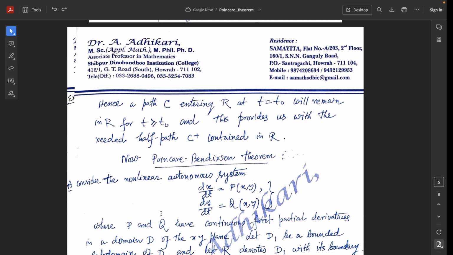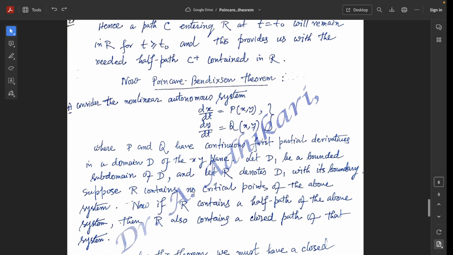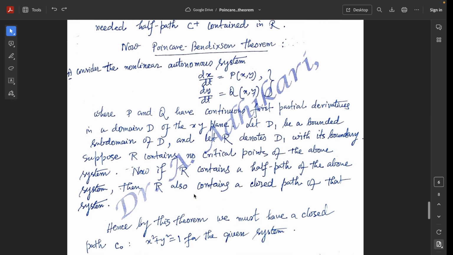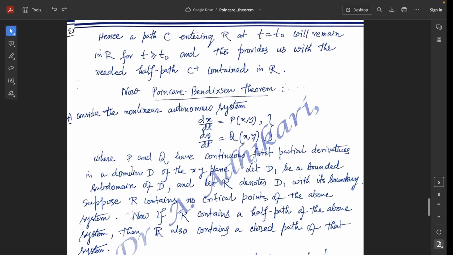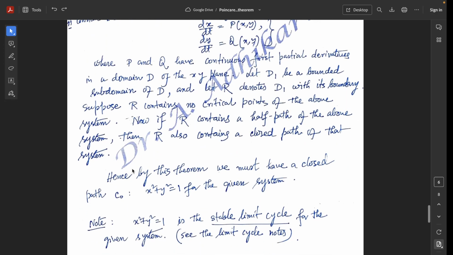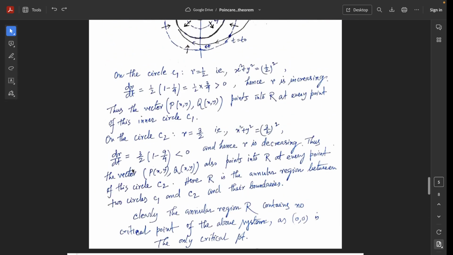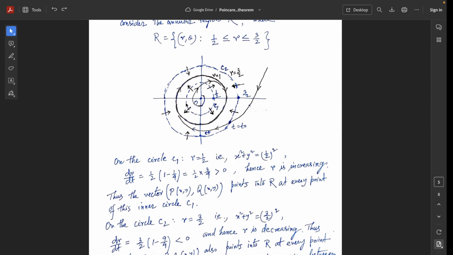Now, the Poincare-Bendixson theorem, as we already discussed: if a trajectory is contained in R, then R also contains a closed path of this system. So, by this theorem, we can say we must have a closed path of the system in this annular region. The Poincare theorem states that we must have a closed path of the system within this annular region.